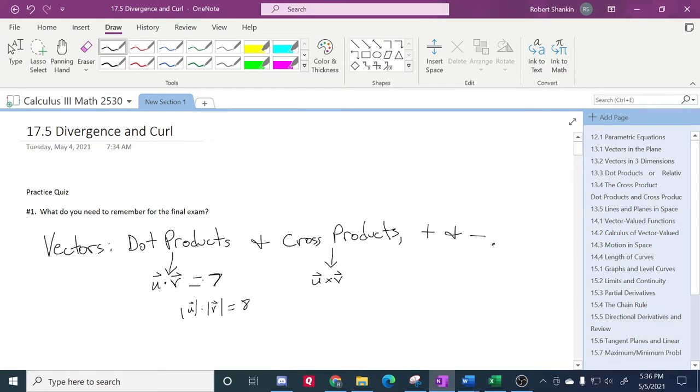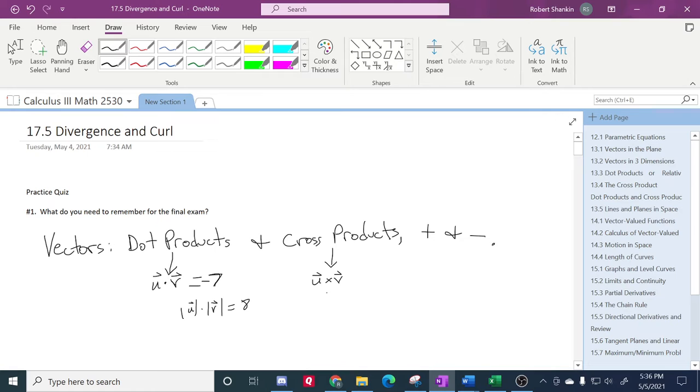If this was a negative 7, they'd be close to being parallel but going in opposite directions. And both of them are relative to this number. The scalar part of this, relative to this, tells you how much they're perpendicular, or you can also word that as what's the efficiency of the turning force.